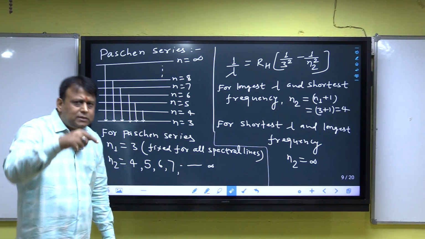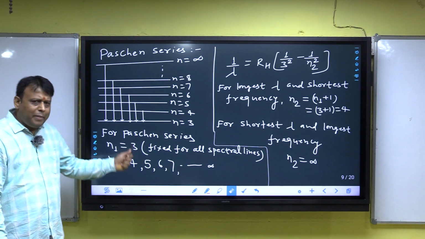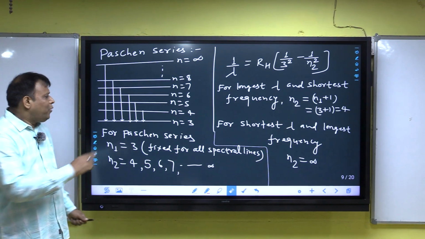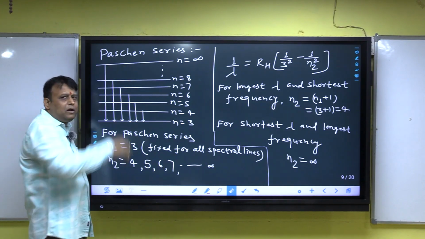For Paschen series, N1 is always fixed at 3. And when N1 is 3, N2 will be 4, 5, 6, 7, and so on.